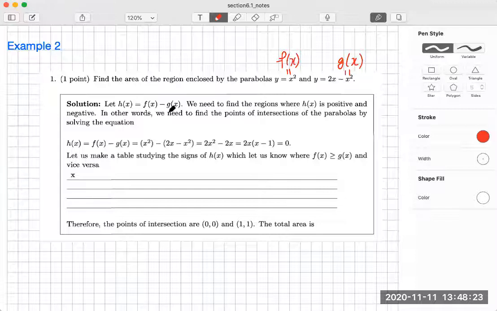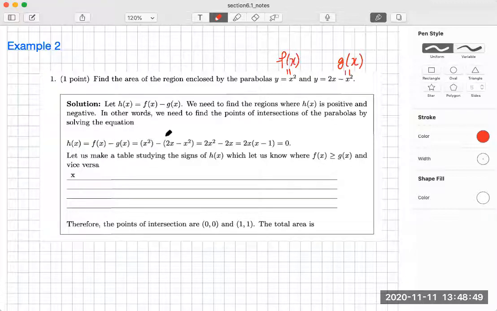In other words, we need to find the solution of the function f minus g is equal to 0. Is the idea clear? Okay. We need to find the intersections. Now we substitute f here and g.